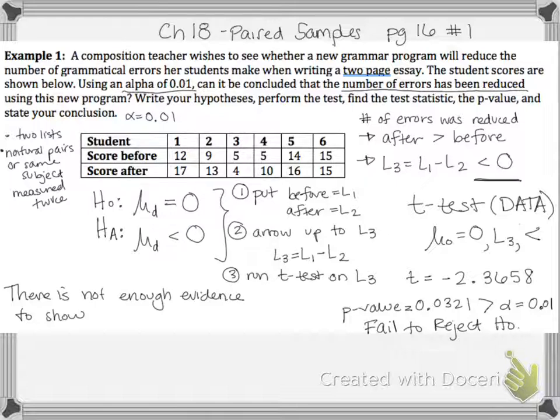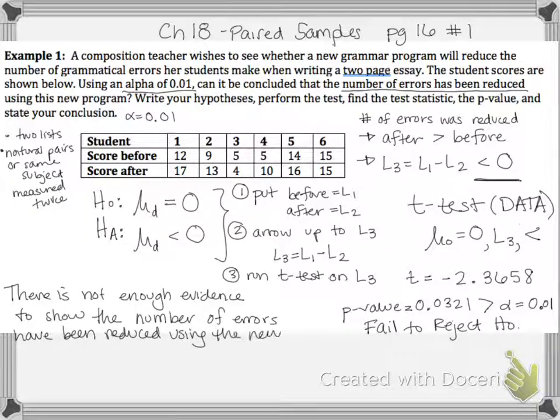That the number of errors had been reduced, right? So there's not enough evidence to show the number of errors have been reduced using the new program. Let's be specific, because that's what they care about, is whether this new program, the grammar program, really helped these students. And it's clear from this data that unfortunately it did not.